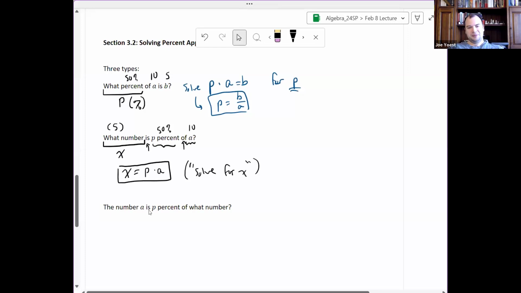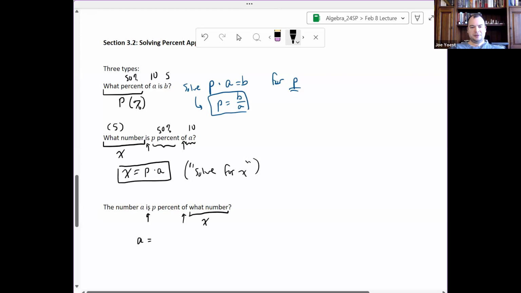And then the third type: the number A is P% of what number? What am I looking for? The thing that says what number? Let's call that X. I see "is" cluing me into an equal sign.